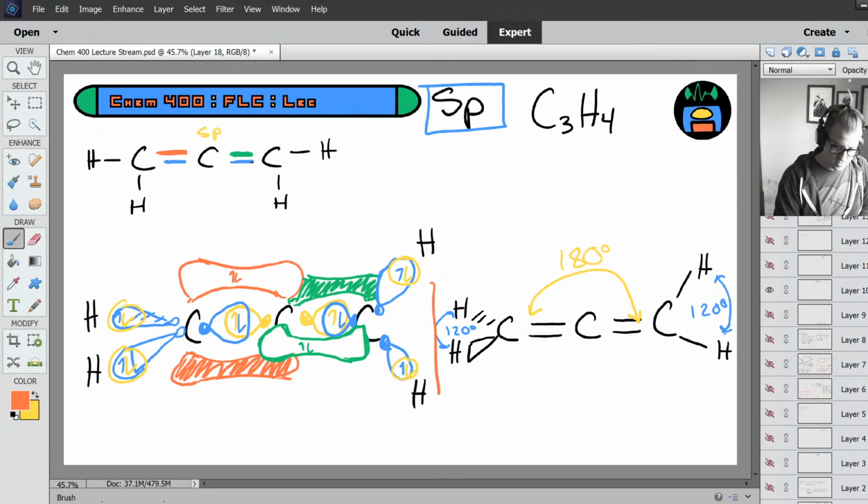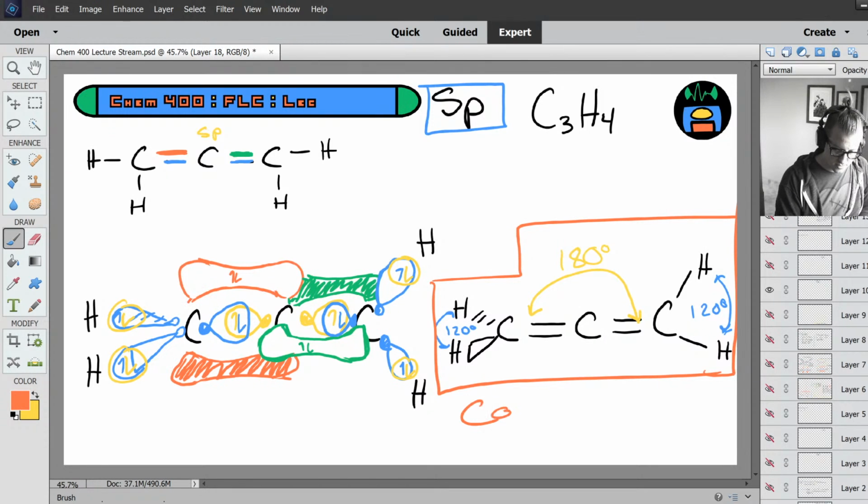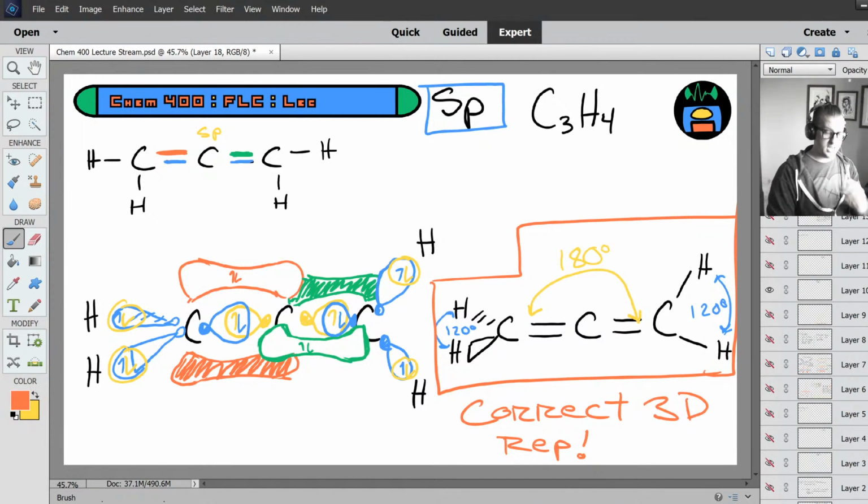This is, right here, the correct three-dimensional representation of C3H4, which the name of this molecule is allene. All right. Okay, so that is the structure and the three-dimensional representation for allene.